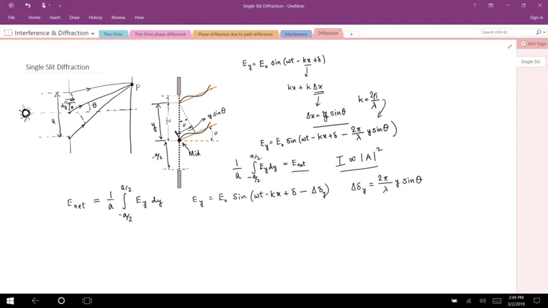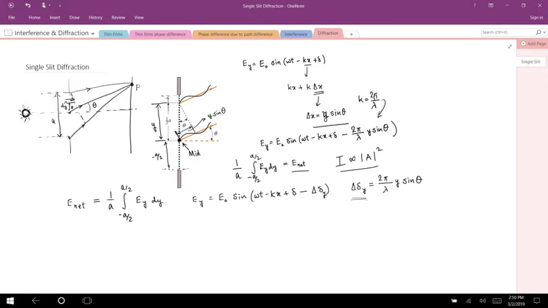Okay, so we're going to try to switch variables. We're going to use delta delta of y as the variable instead of y, because you see that the integral is over y, but that y is masked in all these other factors, 2 pi over lambda and sine theta. So I want to make my integral a little more tractable, and that will happen if we use delta delta of y as our integral variable.